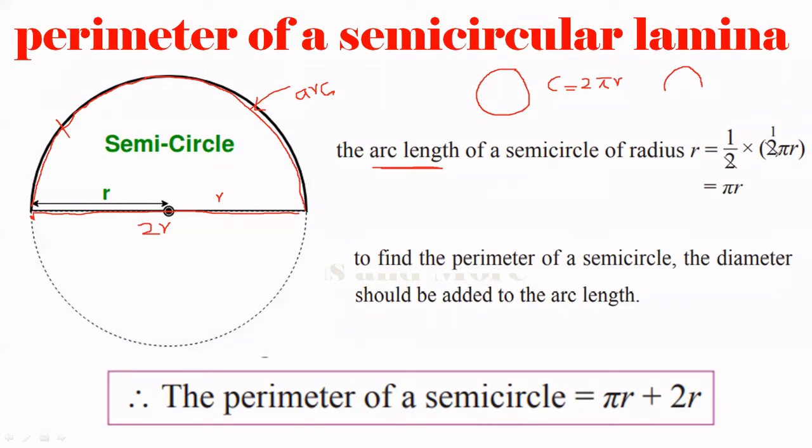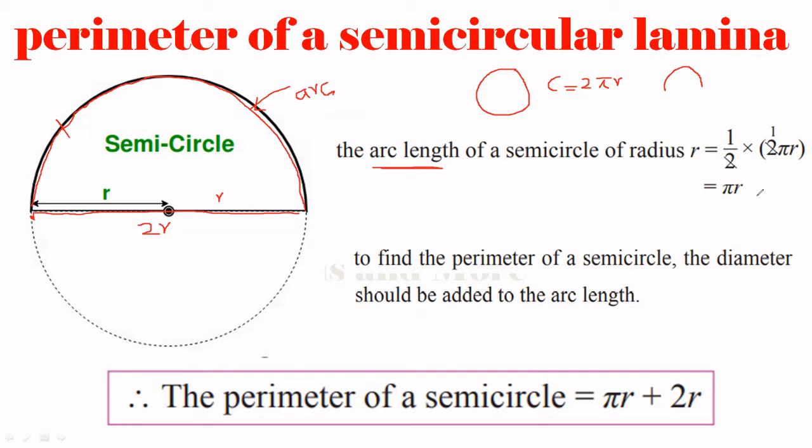Now you know, you can cut numerator and denominator. Therefore, you can cut this 2 with this numerator 2. When you cut with this 2, then 1 remains, 1 into 1, pi r.